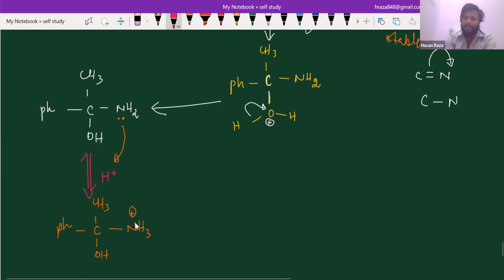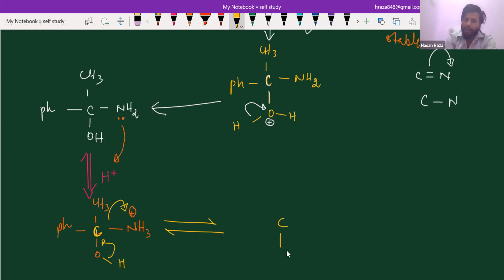Again, nitrogen has a positive charge, so it is very unstable. So what will nitrogen do? Again, nitrogen will take an electron from carbon, and it will be released. It will go out. And in order to satisfy the carbon, oxygen will break its bond with hydrogen and use it with carbon.